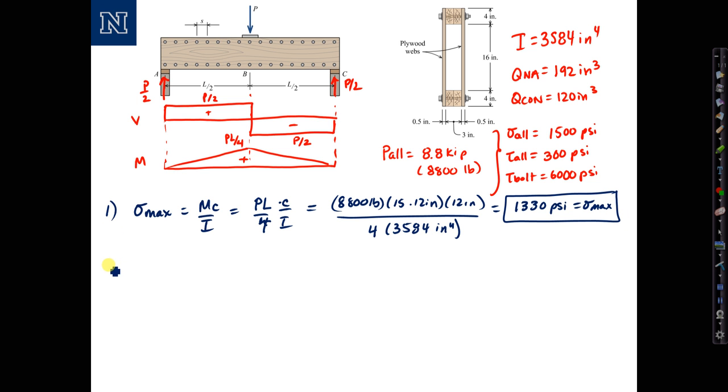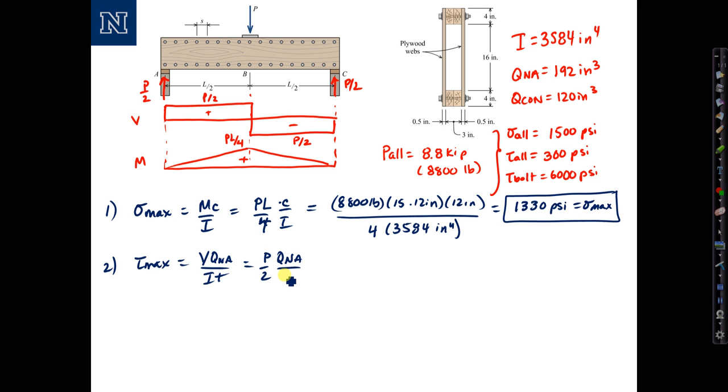The second one, what is the max shear in the web? I'll call that tau max. Tau max equals V Q at the neutral axis, divided by I T, where V was equal to P over 2.